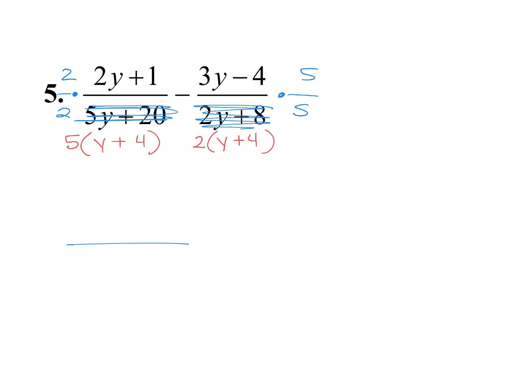Okay, if you want to just make that your common denominator right away, you're welcome to do that. You don't have to. So now we're going to distribute that too. So 4y plus 2, distribute. Now here's the minus.